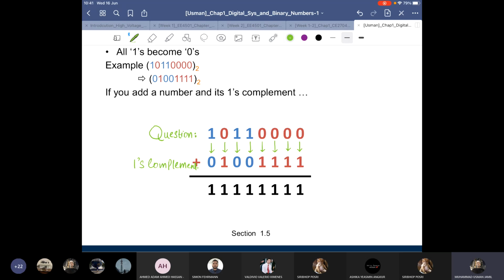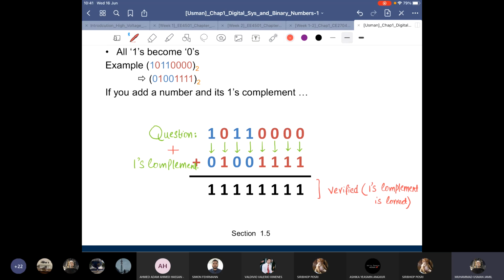Now, if you add your question and the ones complement together, your answer is all 1s. So if your answer is all 1s, it means verified. Verified means the ones complement is correct. Okay, so this is another way to verify your answer.